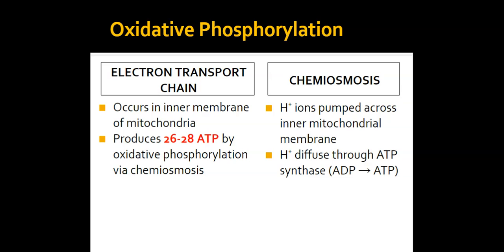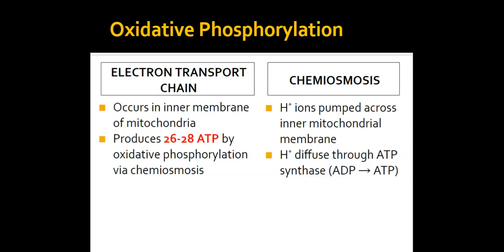But this is going to take place in our mitochondria, specifically on the membrane. It's going to yield a huge amount of ATP, anywhere from 26 to 28 ATP molecules, which is massive. So this whole process, both the electron transport and chemiosmosis, is referred to as oxidative phosphorylation. As the title suggests, you can imagine that oxygen is going to be a part, and phosphorylation, the attaching of phosphates, thus the production of ATP molecules.